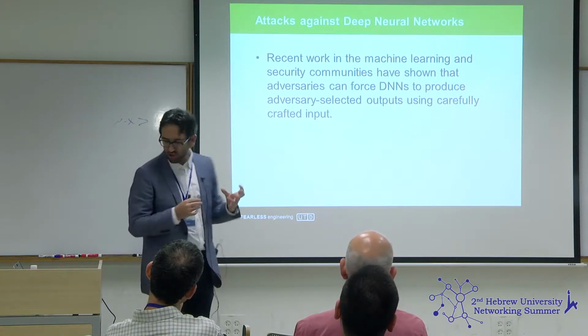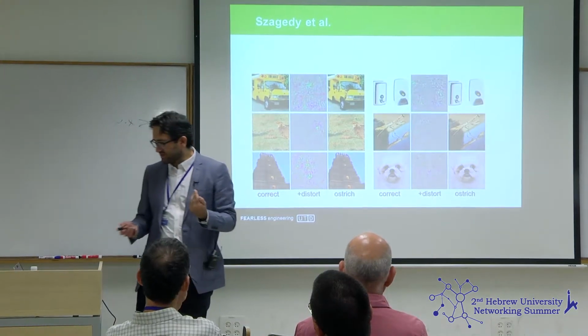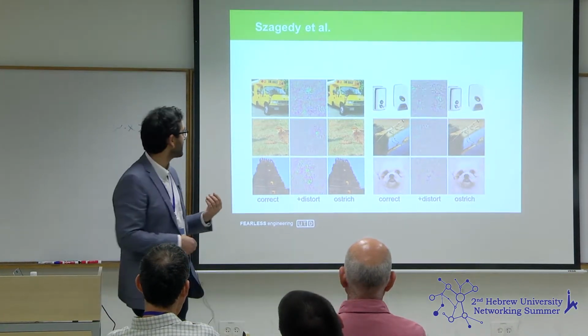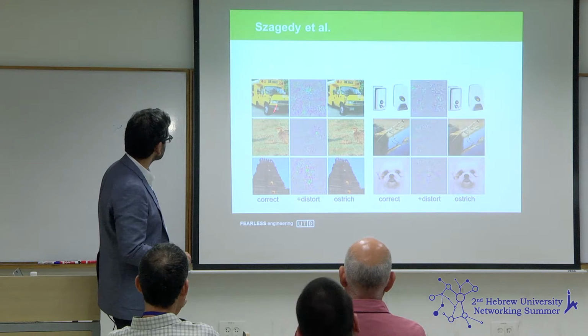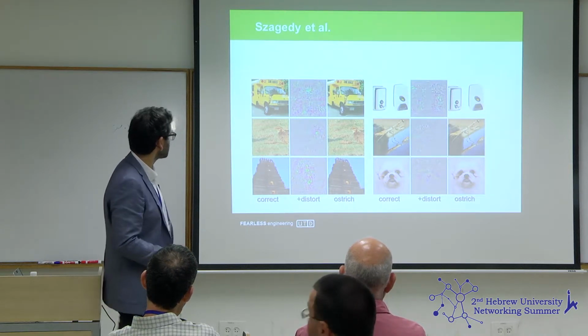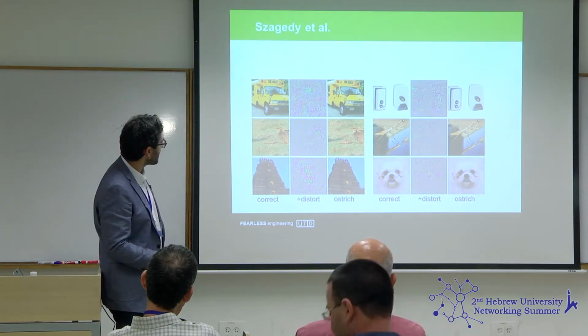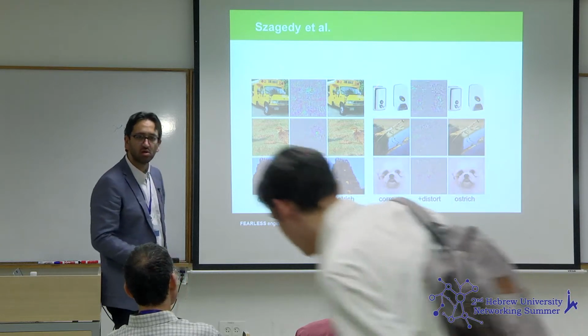It turns out that these modifications are very subtle. This was one of the first attacks against this. This is the original image, and it's correctly classified as a school bus. Then you add some kind of noise. This is random noise, and this is the final image.